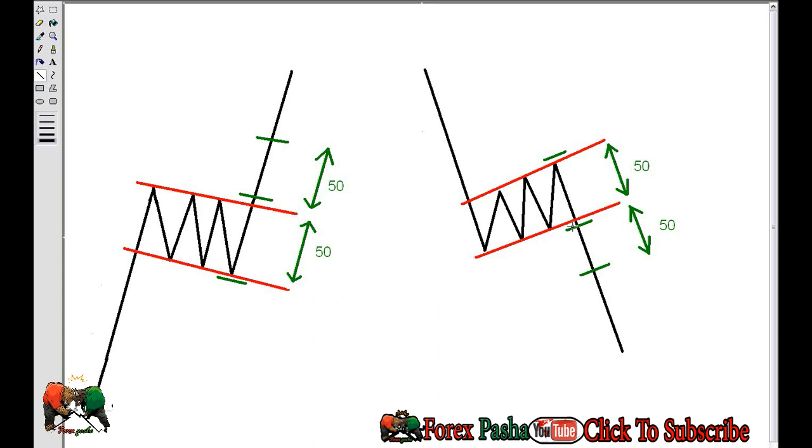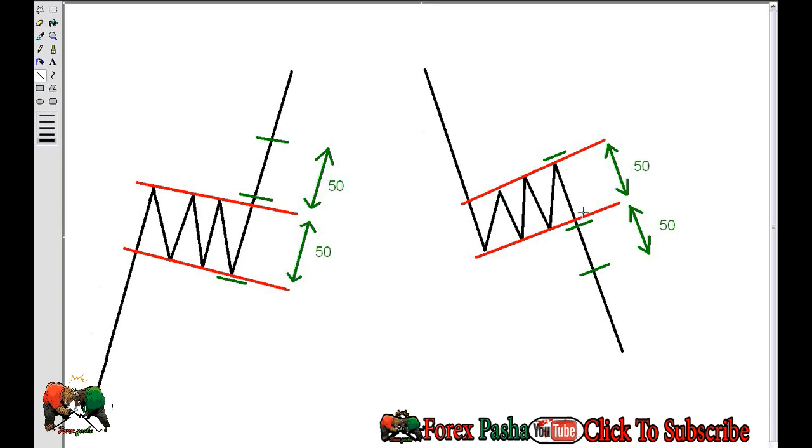So what you're looking for in terms of entry is a candle to close below the lower consolidation line. Once it does that, you place the trade to go in a downwards direction. You place your stop loss to be just a few pips above the top consolidation line, which is the one in red there, and you measure the distance between the top and the bottom lines here. So let's say, again, that's 50 pips.